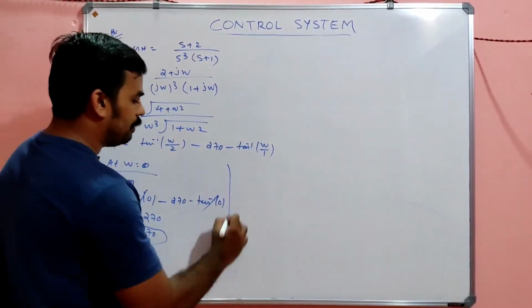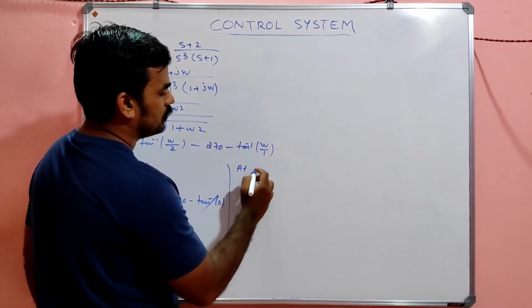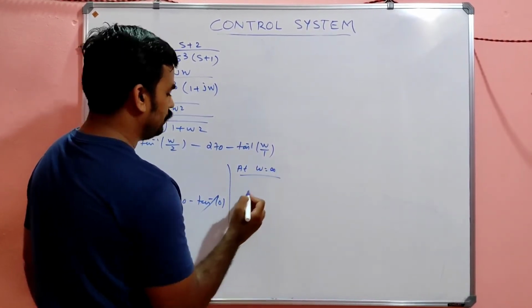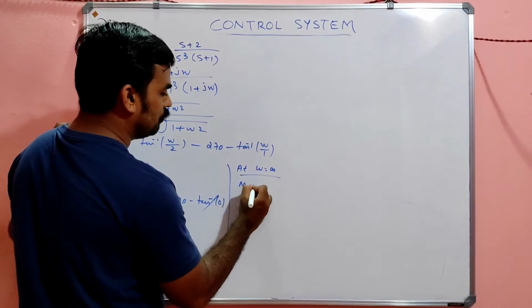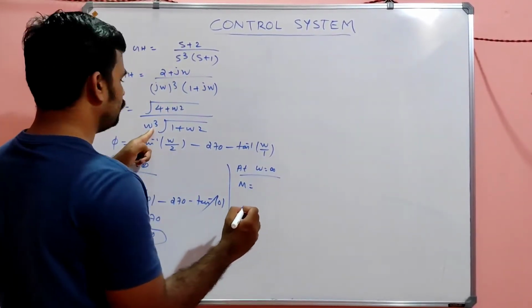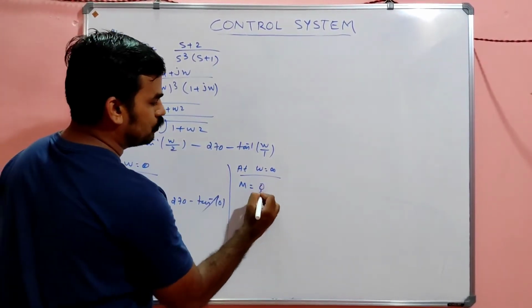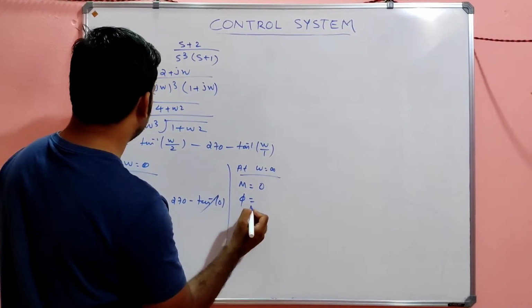Okay? And what happens at omega equal to infinity? At infinity, magnitude will be what? Something by infinity cube will happen, so magnitude will definitely be 0. And what will be the phase angle now?